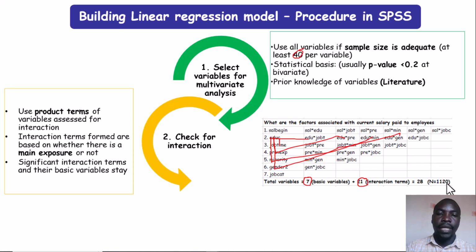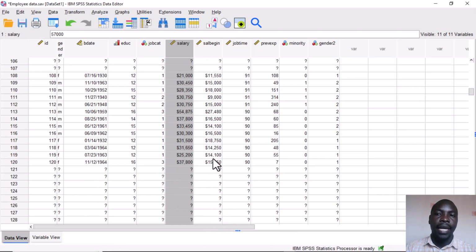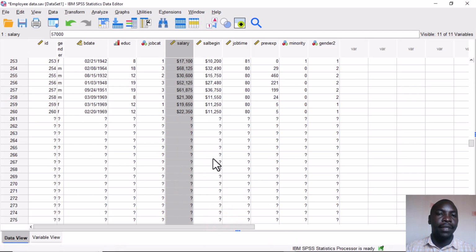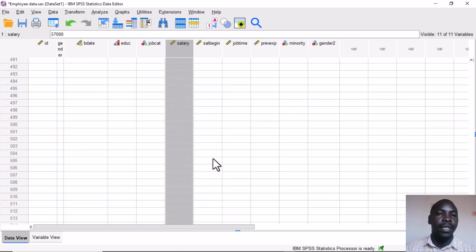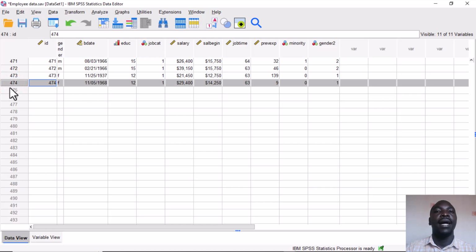So we would need to have in our data set a sample size of 1,120. Here we only have 474. So our sample size is not adequate.